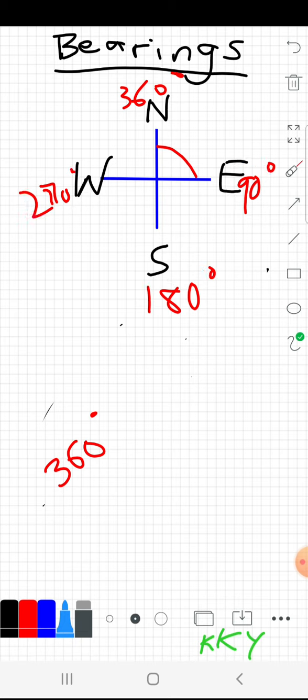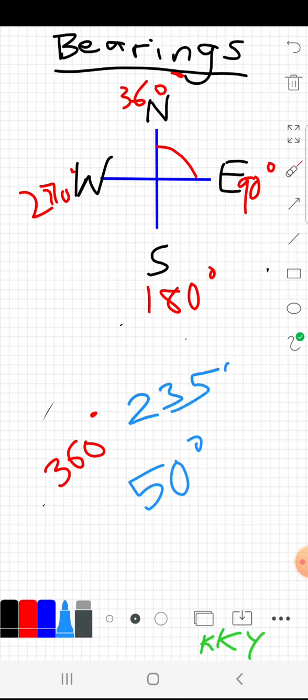Now, if I were to be given a question and I'm told that the bearing of a point from another one is 50 degrees, I already know that this is the region where my 50 degrees is, between the starting point and 90 degrees. So this is where I will draw my line. If I'm told that the bearing of somewhere from another place is 235 degrees, 235 is between 180 and 270 degrees.